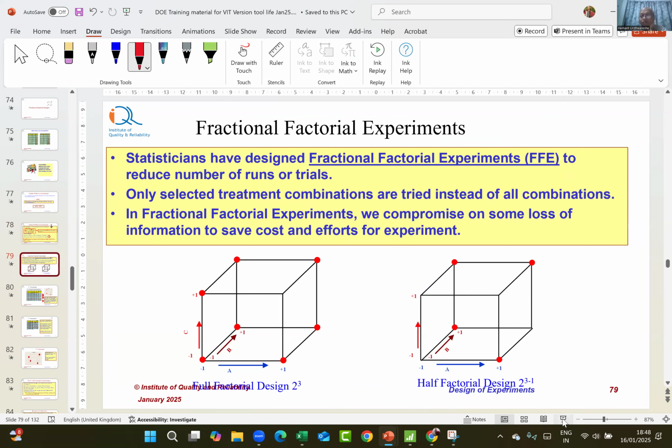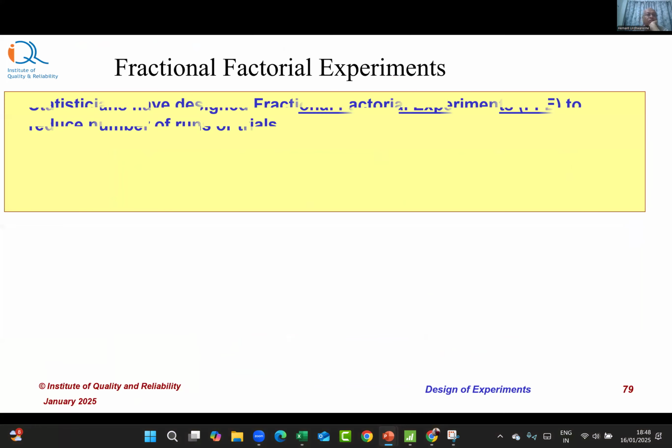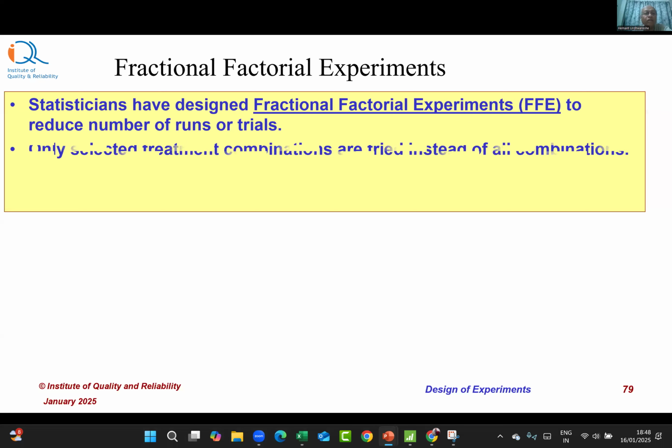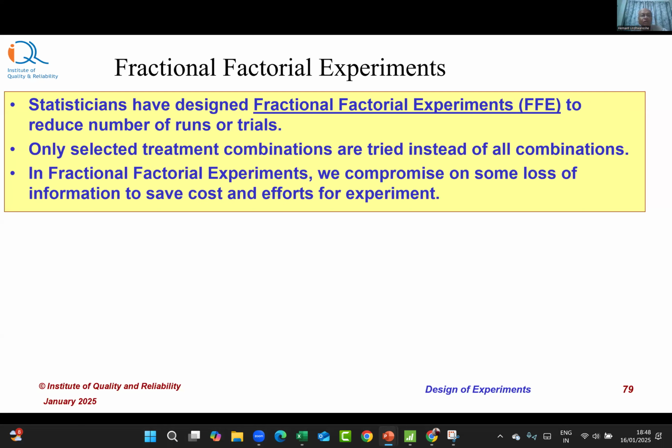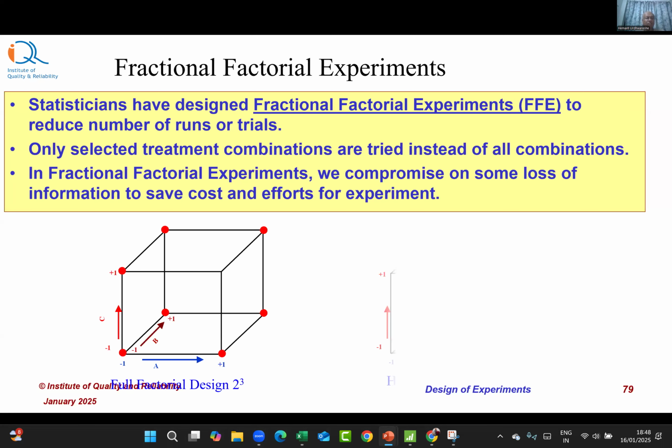So what are fractional factorial experiments? Statisticians have designed fractional factorial experiments to reduce the number of runs or trials. Only selected treatment combinations are tried instead of all. In fractional factorial designs, we compromise on some loss of information to save cost and effort, which is the confounding.